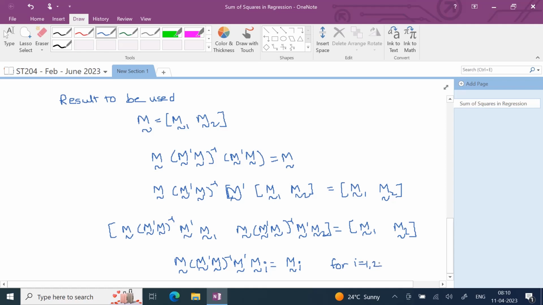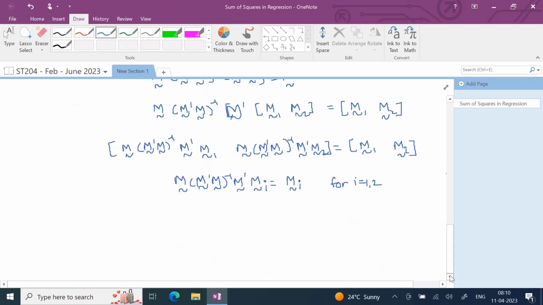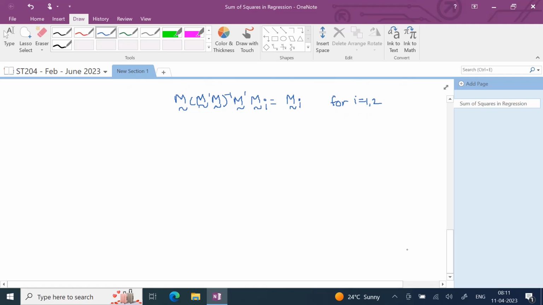And if the two matrices are equal, then I could take transposes and they would still stay equal. So if I take transpose of this identity, what would I get? I would get Mi prime, then M prime prime will become M, because I'm taking transpose, I'm writing in the reverse way.